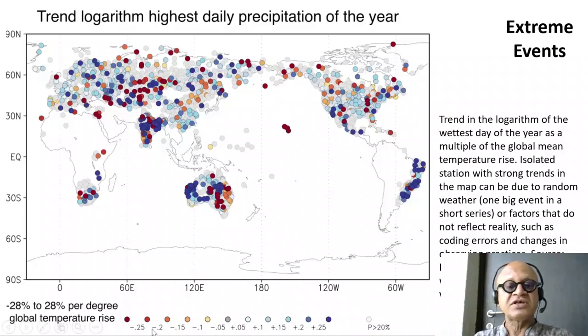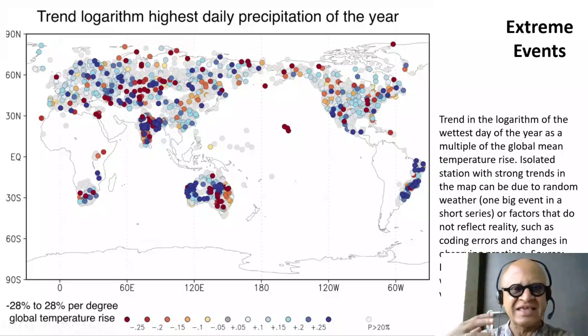So here is the scale going from minus 28 to plus 28, and the statistical confidence is shown as well. So you can see that some places are getting wetter, much wetter with each degree warming.